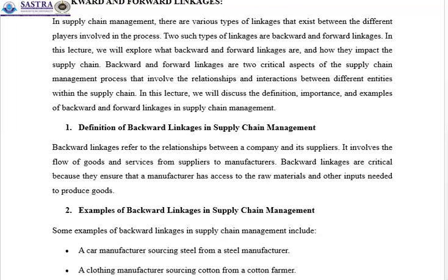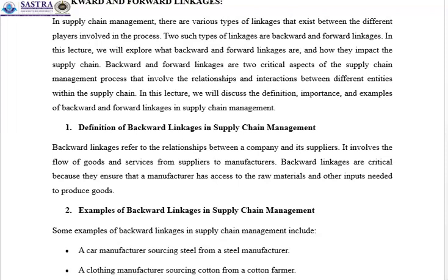The first is the definition of backward linkage in supply chain management. Backward linkage refers to the relationship between a company and its suppliers. It involves the flow of goods and services from suppliers to the manufacturers. This is backward linkage.